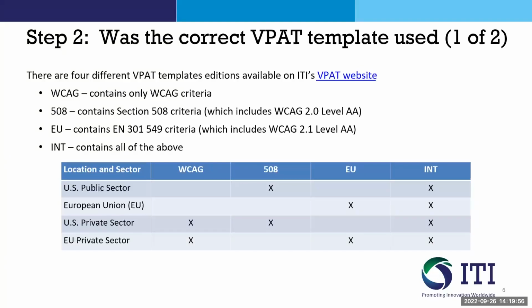The 508 contains section 508 criteria, which includes WCAG level 2.0 or WCAG 2.0 level AA. This is interesting because the US section 508 law will stay on WCAG 2.0 even as WCAG 2.1 and 2.2, whatever other versions of WCAG come out.